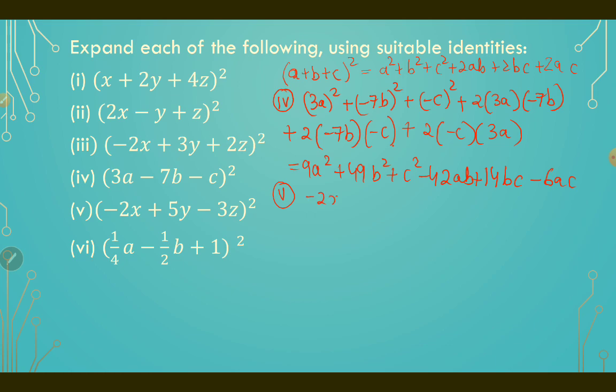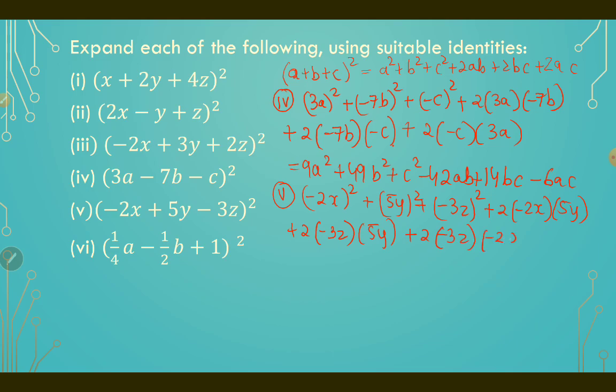Minus 2x the whole square plus 5y the whole square plus minus 3z the whole square plus 2 into minus 2x into 5y plus 2 into minus 3z into 5y plus 2 into minus 3z into minus 2x.